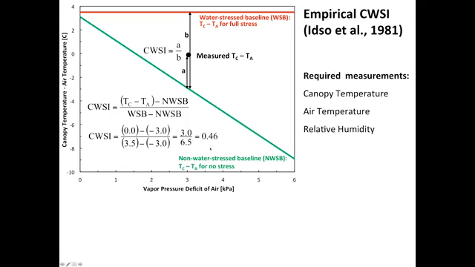And that gives us a crop water stress index of 0.46, or approximately halfway between the non-water stress and water stress baseline.